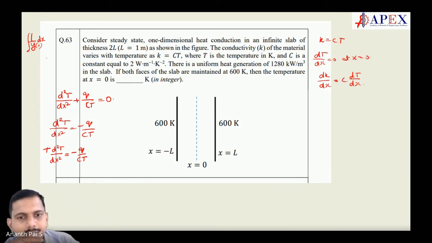No, this is second order nonlinear. Solving is not feasible here.